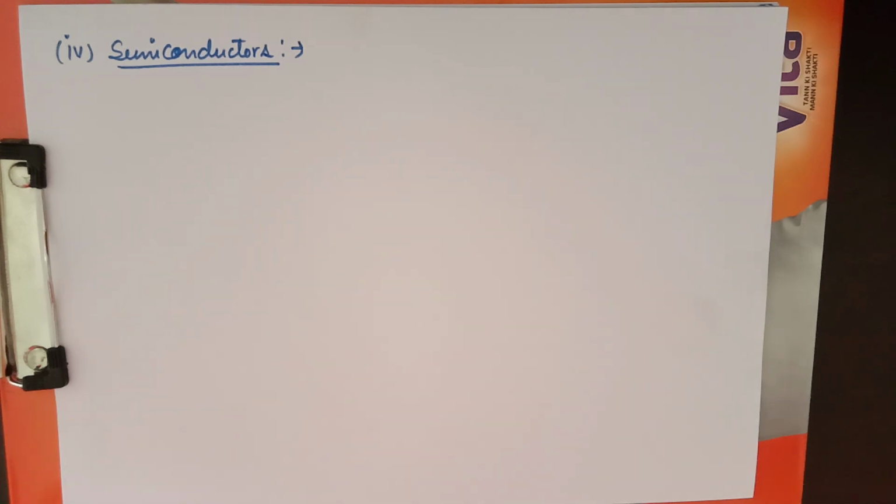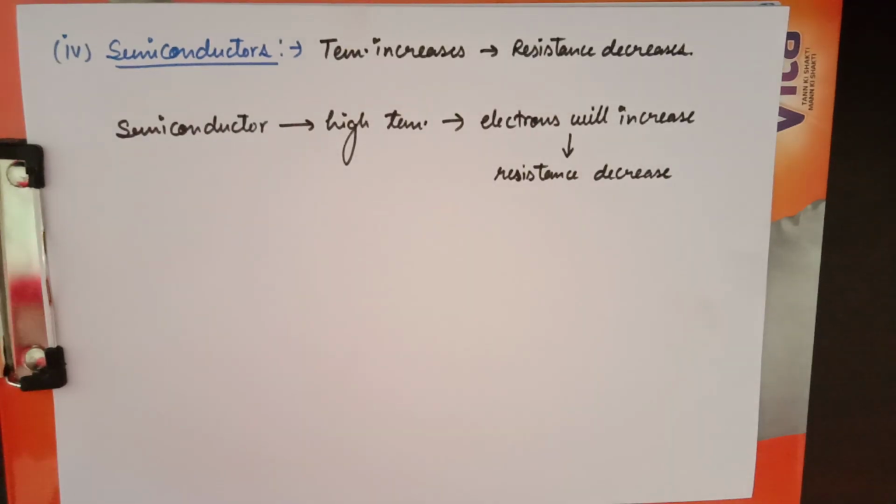So if we increase the temperature, the electrons will move fast, which will lead to resistance decrease. As semiconductor is exposed to high temperature, the number of electrons will increase, and it will lead to current, or we can say the resistance will decrease in that case.